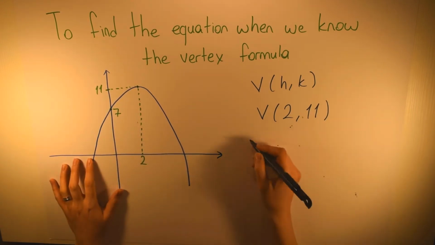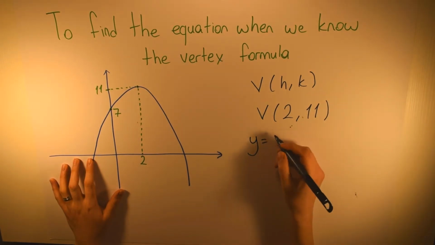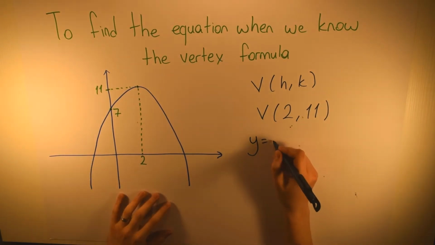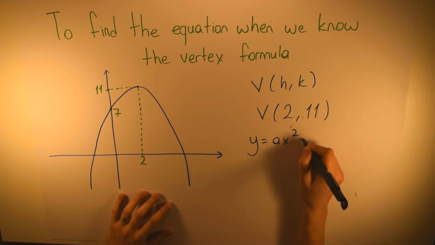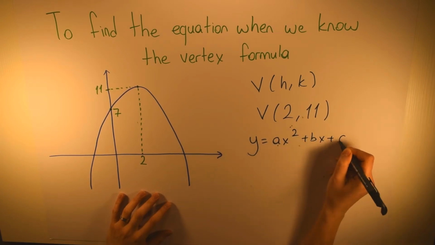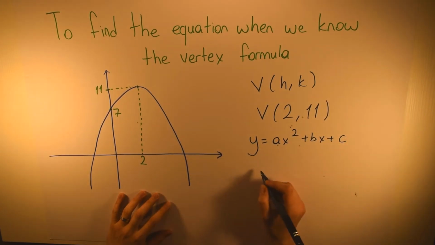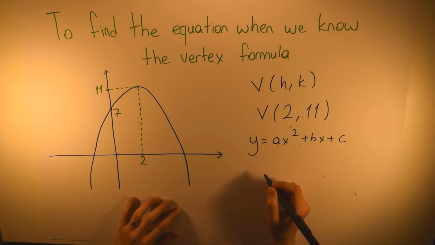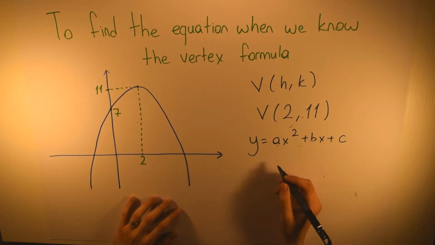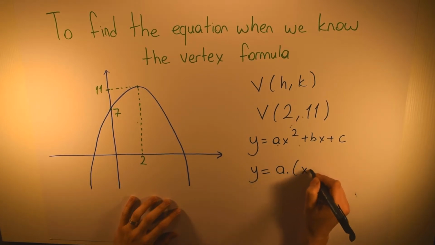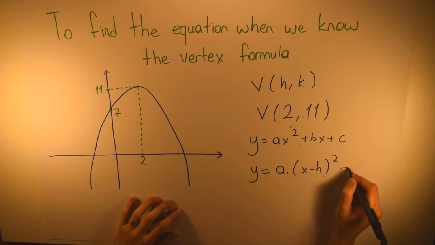So this is the standard form of a quadratic equation or parabola: ax squared plus bx plus c. There is another form actually, which we call the vertex form, which is y is equal to a times (x minus h) squared plus k.